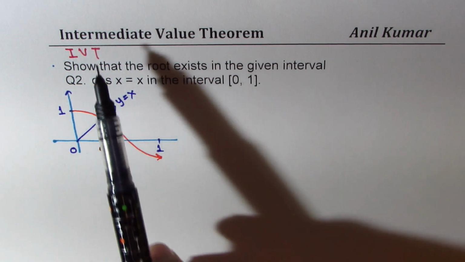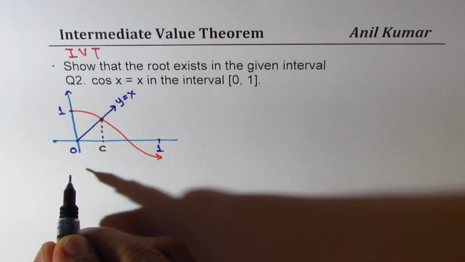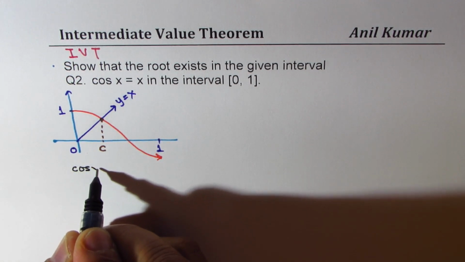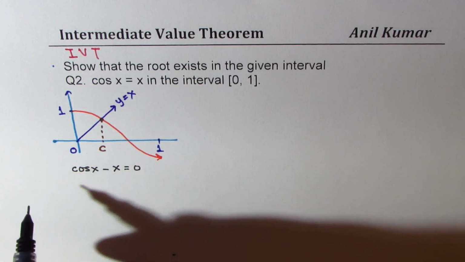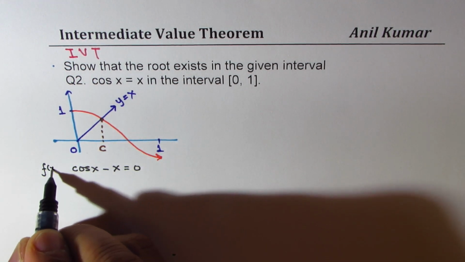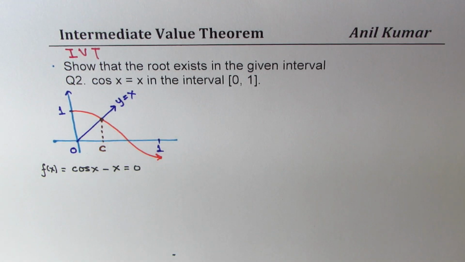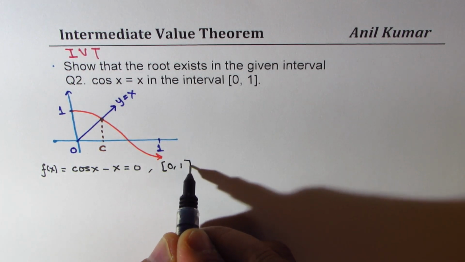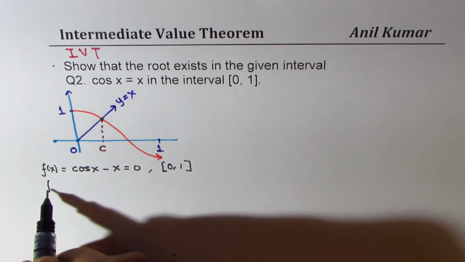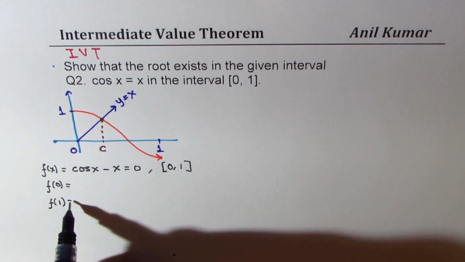Now what does the intermediate value theorem say? Let me reorganize this equation. We could write this as cos x minus x equals 0, right? So we'll define our function f of x as equal to cos x minus x, and we're working in the interval 0 to 1. So let's find the value of this function for 0 and also for 1.